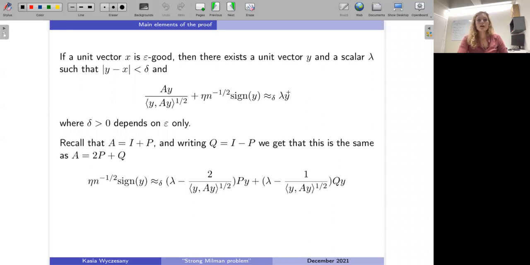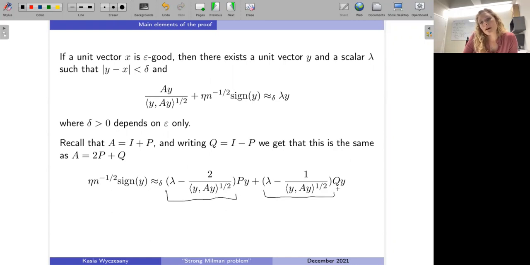Okay. So now let me recall what A was and what our norm here was. A is the sum of identity and this random matrix P. So writing Q to be the difference between identity and P, we can rewrite the left-hand side, slightly reshuffled of course, and we get that the sine of y, slightly rescaled, has to be up to delta equal to some constants, which we can control actually.